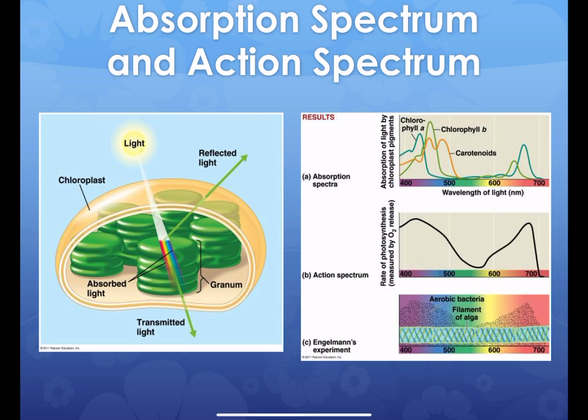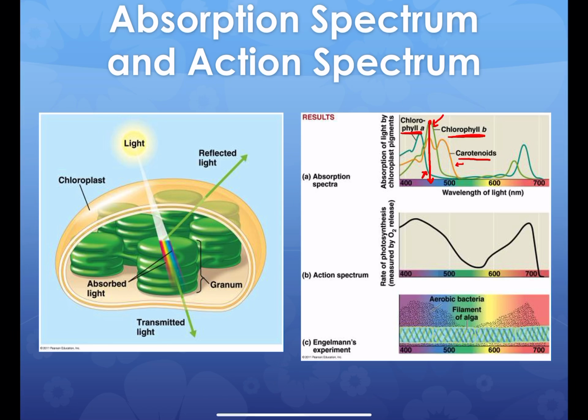If you look here, you see chlorophyll A, that's kind of a blue-green pigment. Chlorophyll B is more of an olive-green pigment, and then carotenoids are kind of that yellow-orange pigment that you see there. So chlorophyll B absorbs best right here, which is going to be about 475-ish nanometers.